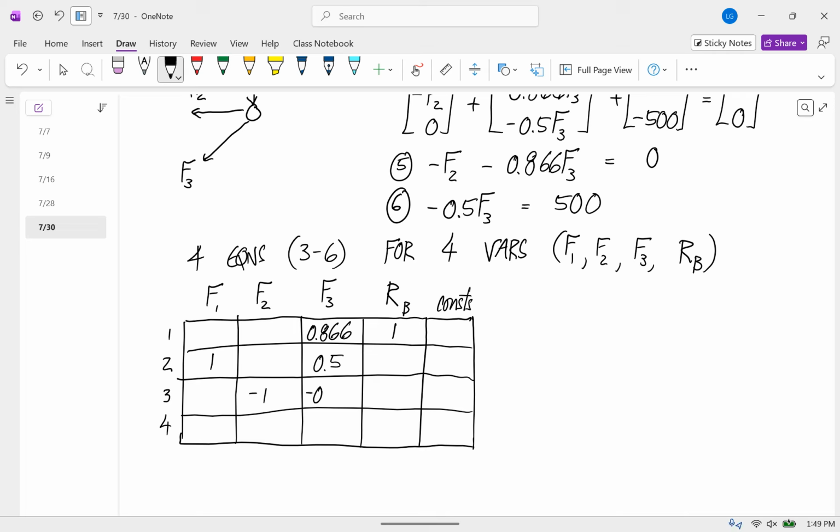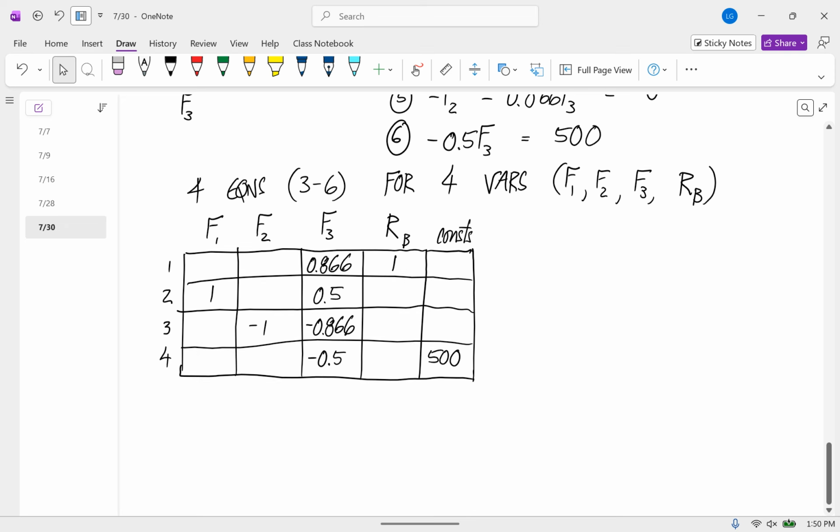F3s, we have negative 0.866. And then the last one, F3s, we have negative 0.5. And for the constant, we have 500. In order to get non-zero values for these, you always have to have at least one thing in the constants column, so that 500 was necessary there.